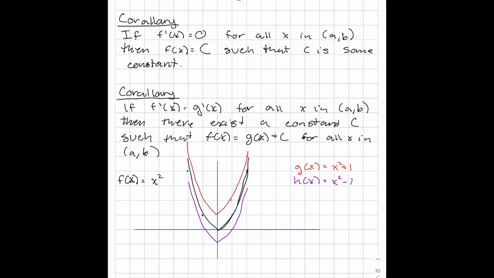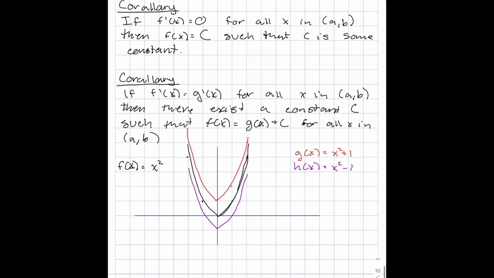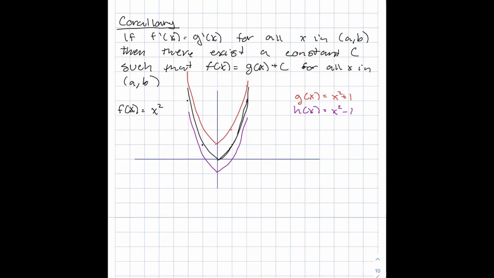Coolio. So now let's do one little example on the mean value theorem from your textbook. This is going to be 4.2.7, and you're asked to find the value or values of C that satisfy the mean value theorem.